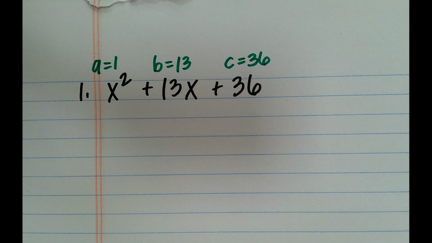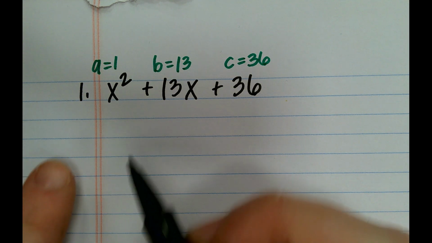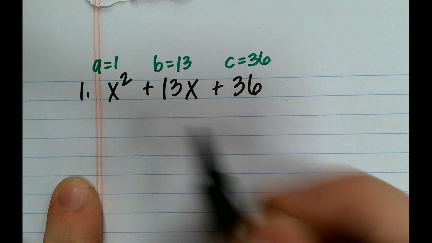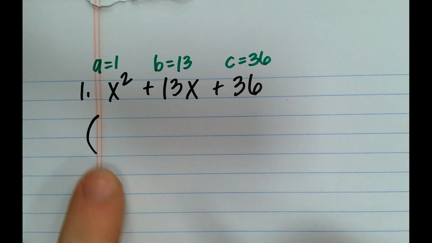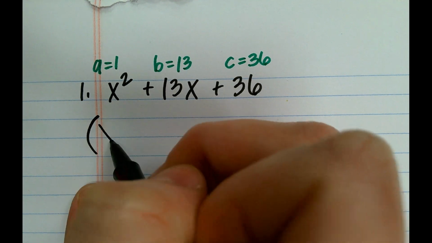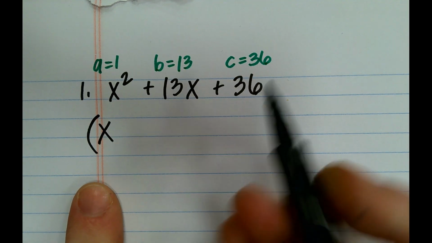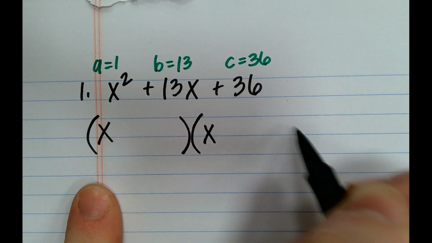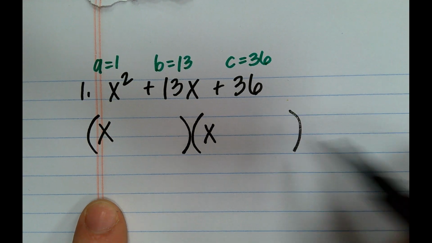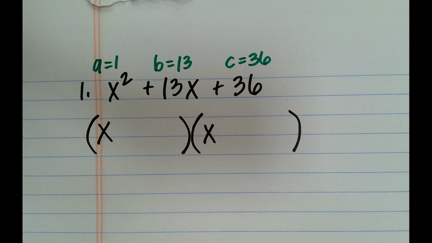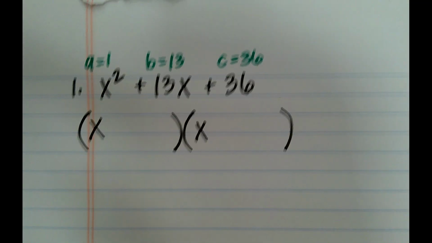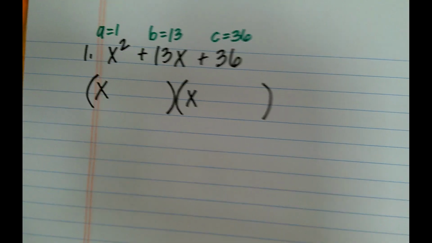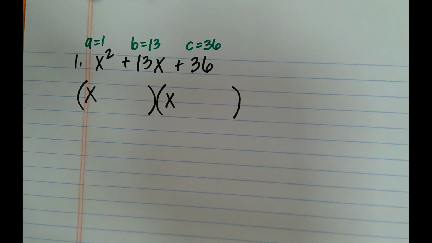What's my answer format going to look like? Parentheses. Yes. Whenever we're factoring a quadratic expression, we know that our answer is going to be x plus or minus something times x plus or minus something. So we like to start by just making those parentheses with the x and some blank space to put our answer.